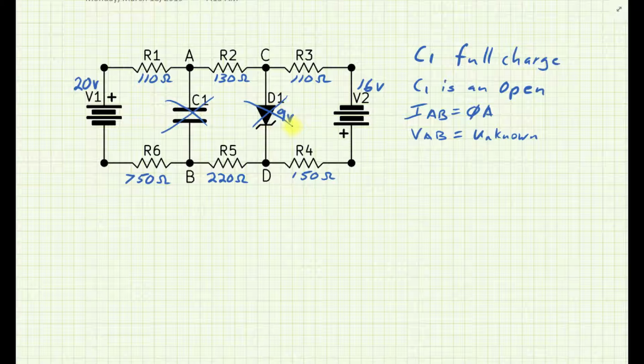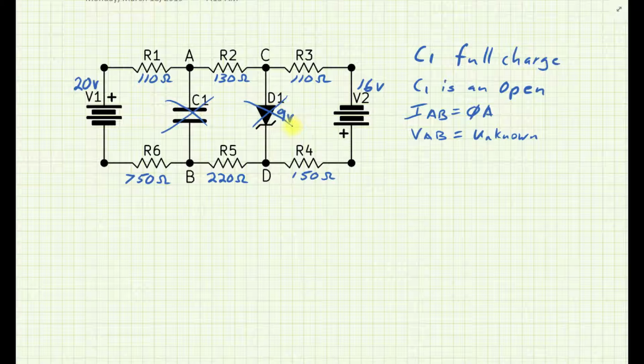So for now, I'm just going to consider C1 and D1 as an open, and I'm going to analyze that circuit as if those things are just not even part of the circuit. The moment the power was applied, they were opens, and so we'll just consider them to not be there, see what the rest of the circuit is providing and what they would react to, and then we'll go from there.